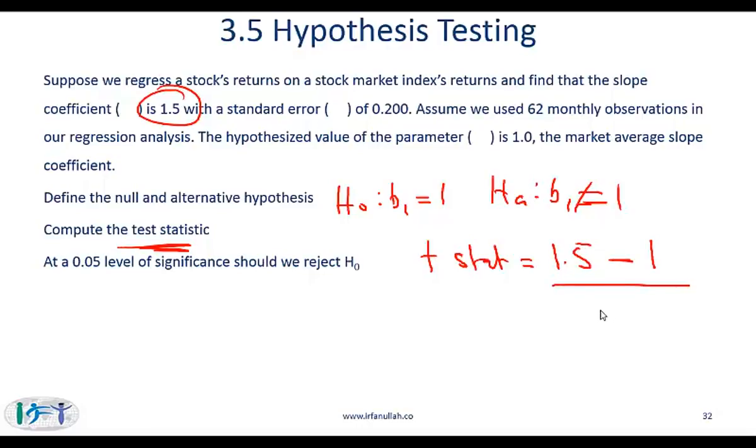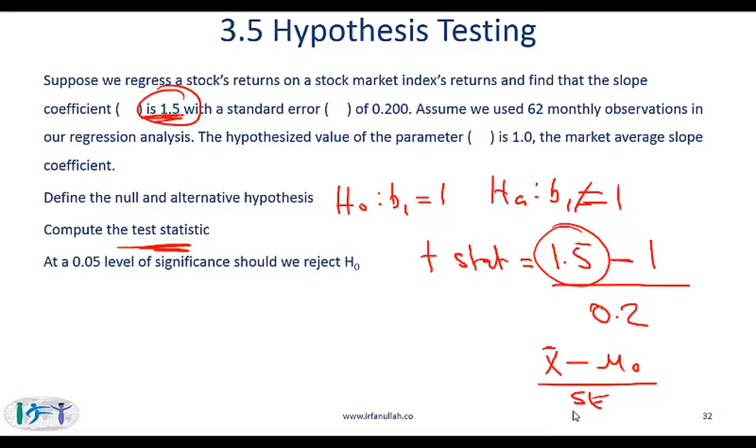What is the standard error? 0.2. I hope you remember this, but if not, again, the test stat in this context is the value that you come up with from your data, which is given as 1.5, minus the hypothesized value divided by the standard error. I think if you connect this with what you studied at level 1, there you would come up with an x bar minus the mu naught, which was your hypothesized value, divided by the standard error.